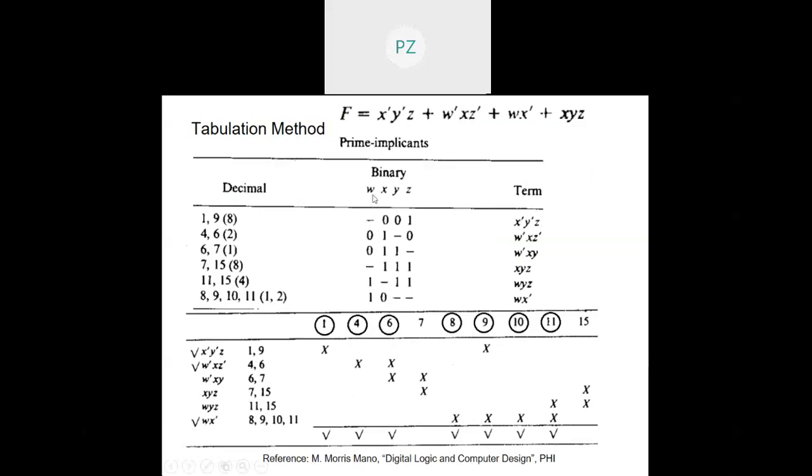When I go to this table, I'll write x plus y plus z bar. Sum term. Similarly, this one will be w plus x dash plus z, right? This will be w plus x dash plus y dash. This will be x dash plus y dash plus z dash, and so on.